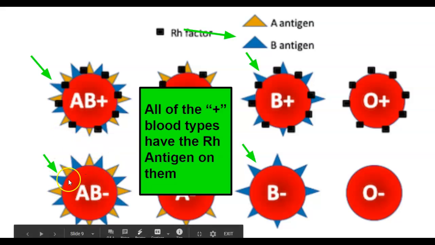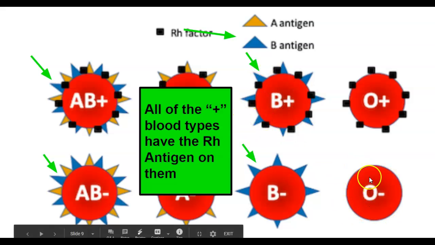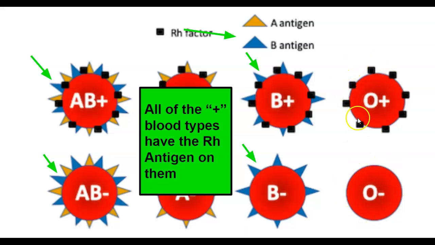This is not supposed to be looked at here, but all of them that are across the top here have the RH factor, RH antigen. This is just another protein that's on the surface of these blood cells. Okay, you'll notice O, there's no O protein. O means it's missing a protein, okay? It doesn't have an A and it doesn't have a B.